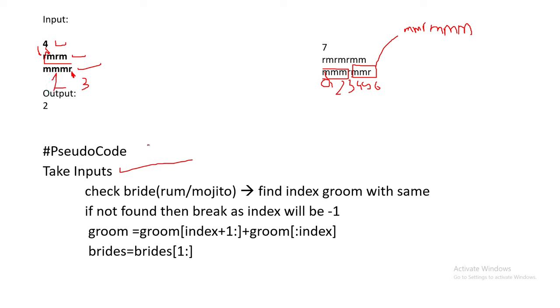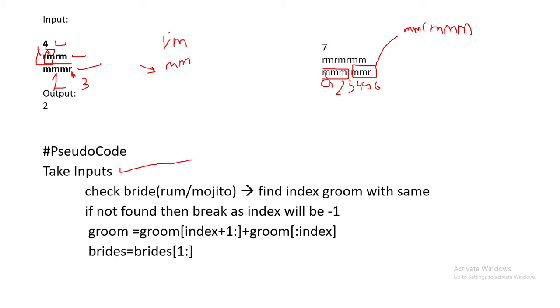And as the groom is found, the groom set will be changed to M, M, and our bride will go out with her groom. So we have remaining MM, and we have RM in the brides' set.